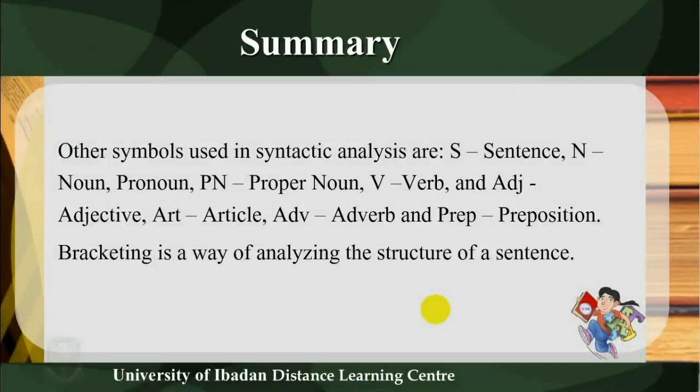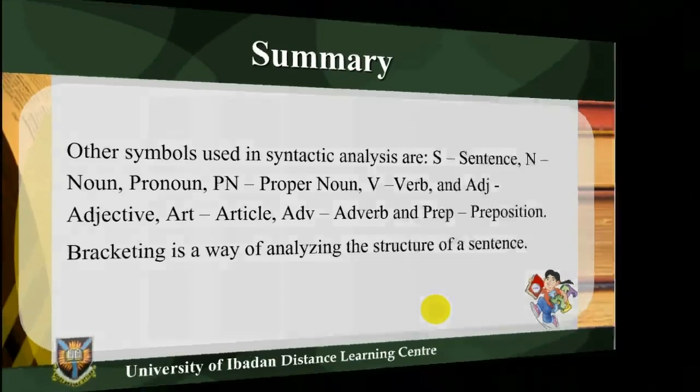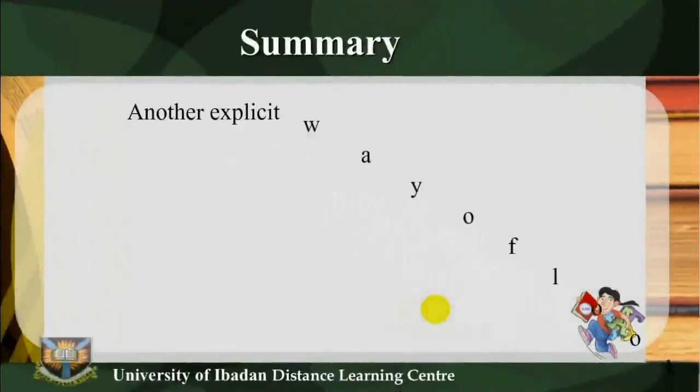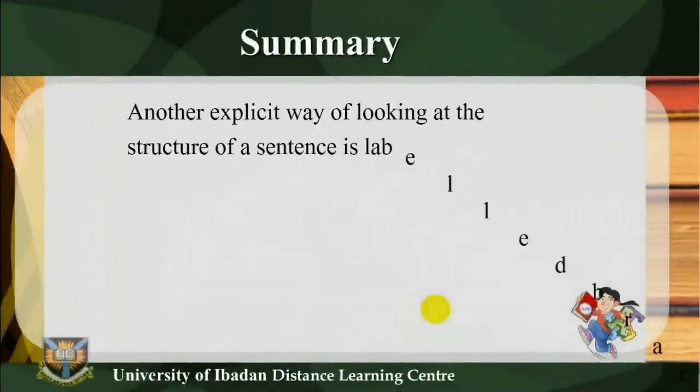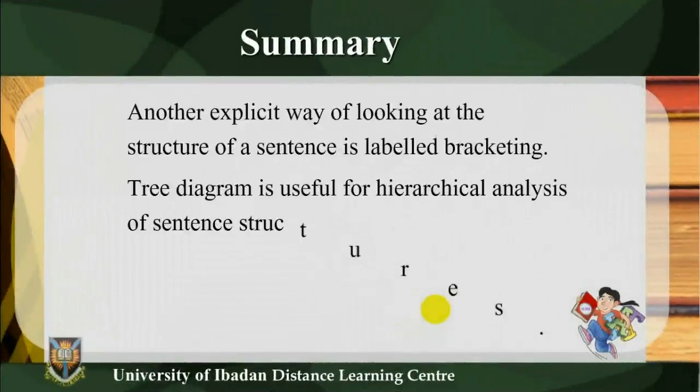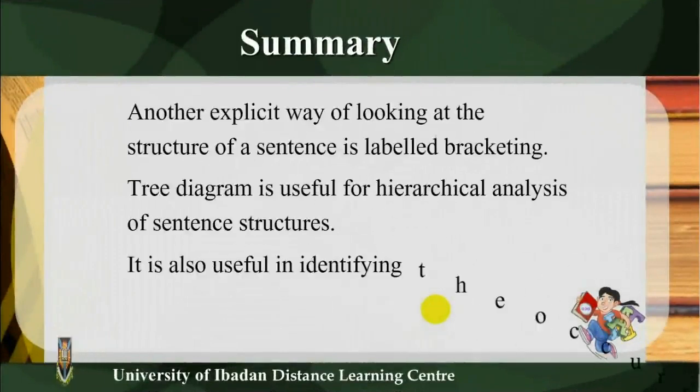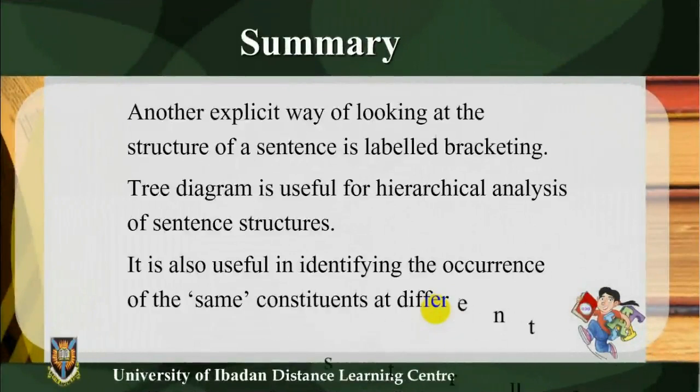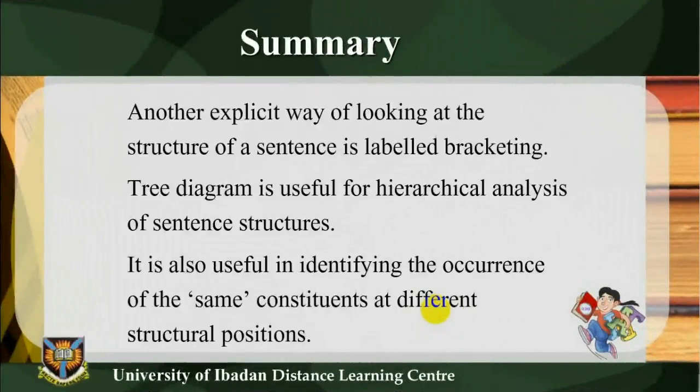Bracketing is a way of analyzing the structure of a sentence. Another explicit way of looking at the structure of a sentence is labeled bracketing. A tree diagram is useful for hierarchical analysis of sentence structures. It is also useful in identifying the occurrence of the same constituents at different structural positions.